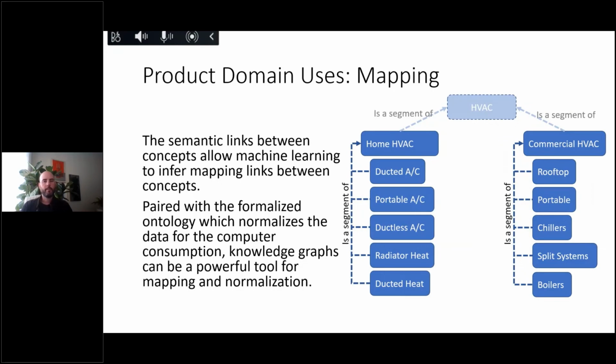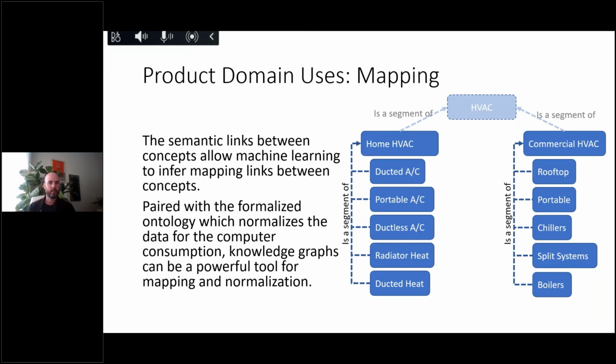Next, another really major use for knowledge graphs is integrating disparate knowledge bases. So when you have a common ontology, a machine learning algorithm can ingest these knowledge bases and identify the links between them. An example of this, on the screen, is home HVAC with certain types.